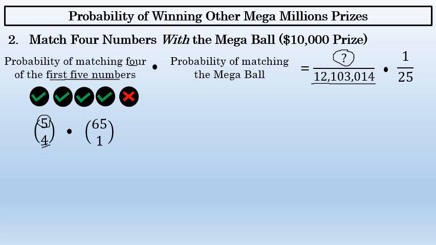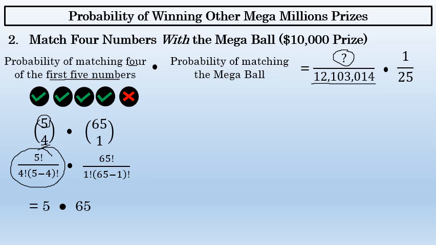I will now apply the combination formula, which was discussed earlier. 5 choose 4 is 5 factorial over 4 factorial times 5 minus 4 factorial, and 65 choose 1 is 65 factorial over 1 factorial times 65 minus 1 factorial. Simplifying these gives 5 for the first fraction, and 65 for the second. 5 times 65 has a product of 325.